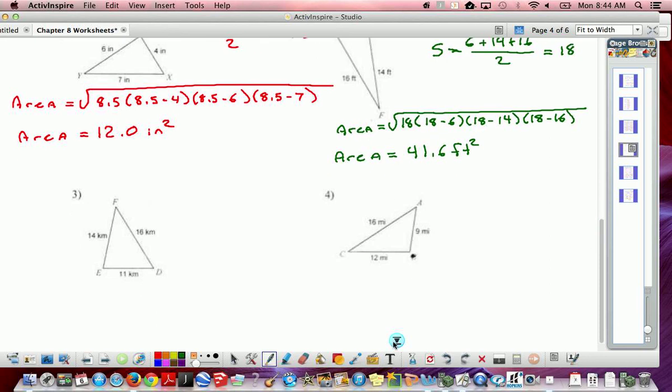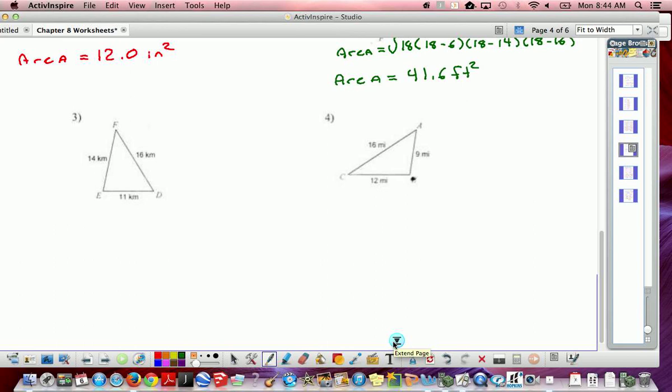All right, on the last two. First, again, find the semi-perimeter. So S equals 11 plus 14 plus 16, all divided by 2. I think that ends up being 20.5.